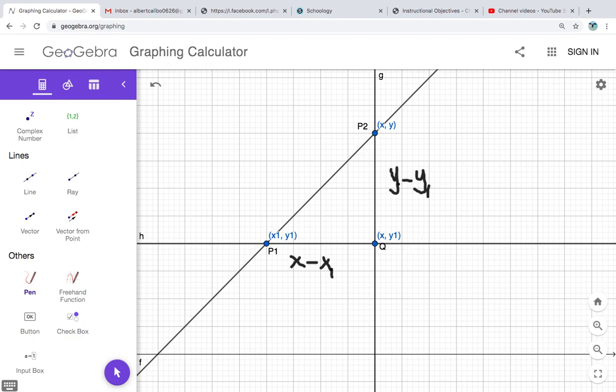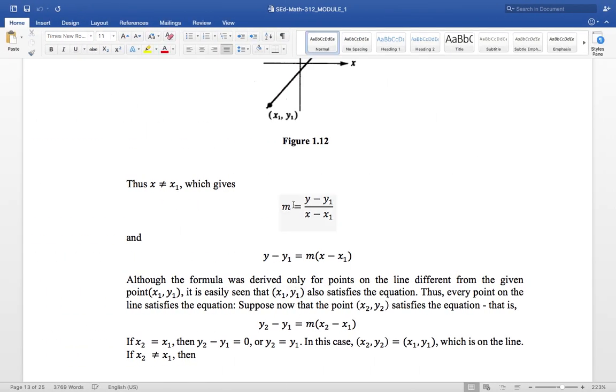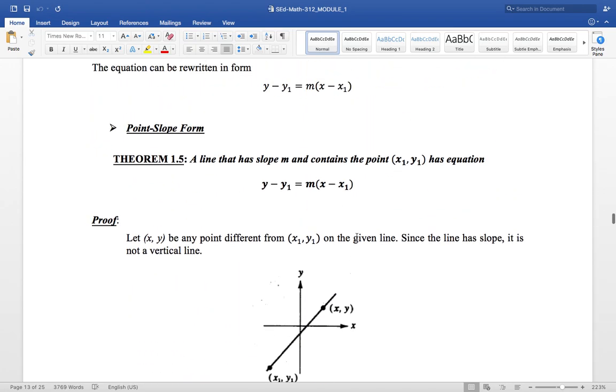And we know that our slope m is equal to the change in y over the change in x. So you will have here m is equal to y minus y sub 1 all over x minus x sub 1. Rewriting this, you will have y minus y sub 1 is equal to m times the quantity x minus x sub 1, which is the equation for a line given a point and a slope.